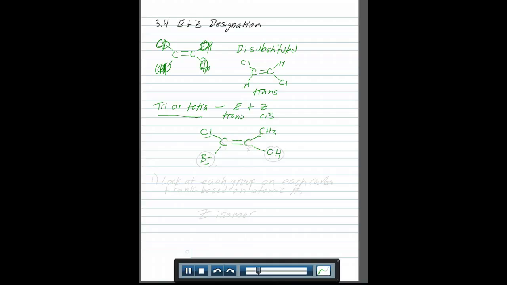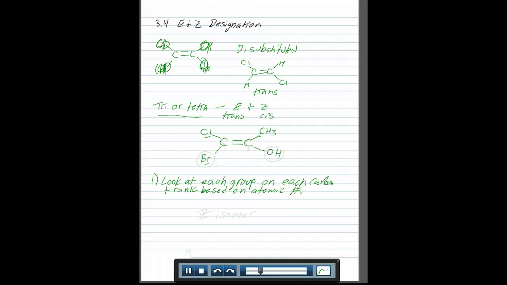So the first rule is, look at groups attached to each carbon and rank based on atomic number. So look at each group on each carbon and rank based on atomic number.